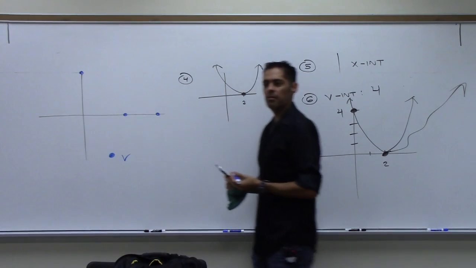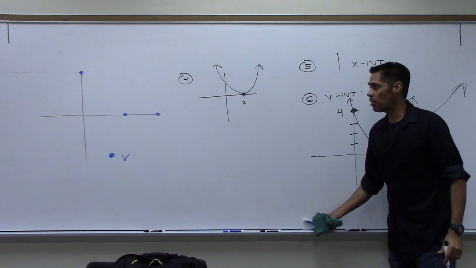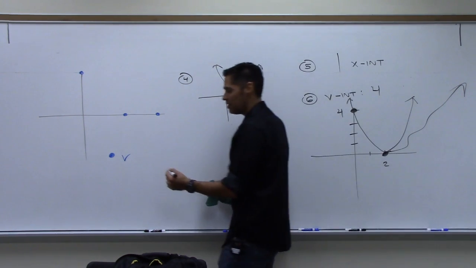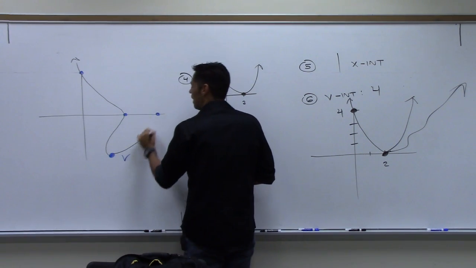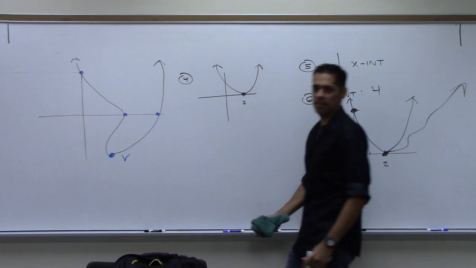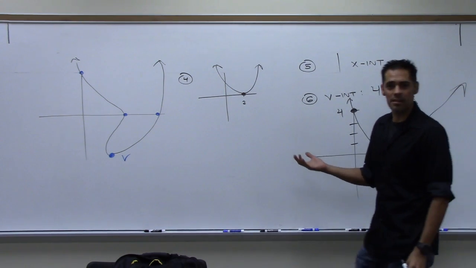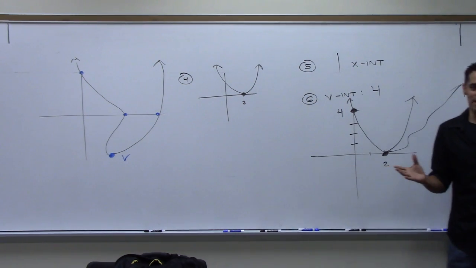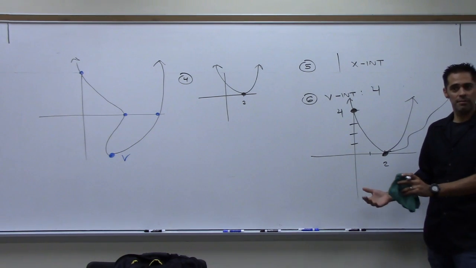What does that tell you? Something in your work is wrong, okay? Do not do this. You're laughing, but trust me, I've seen it. Don't just put dots and then try and connect them together. That's not what this is. Your graph has to look like a parabola at the end. And if something looks off, most likely something in the math is off.